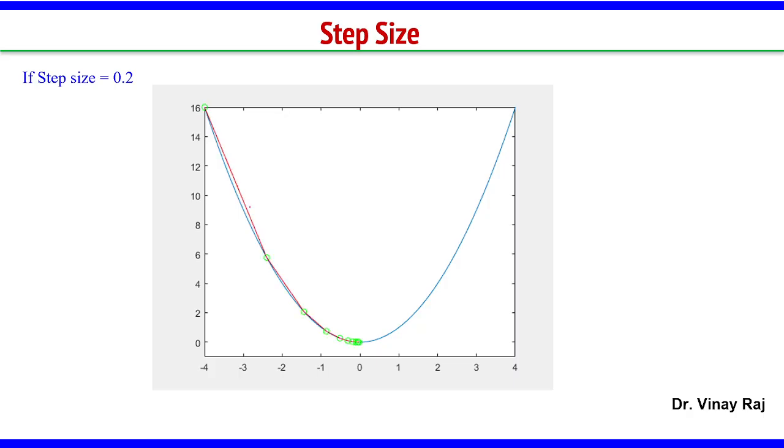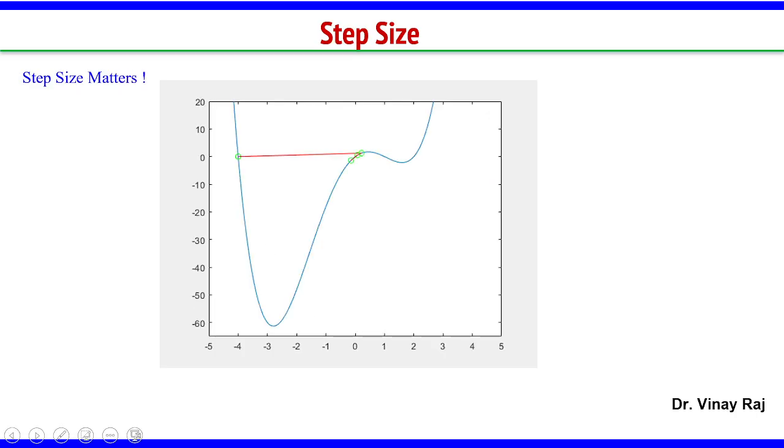If the step size is 0.2, it does it like this, in multiple iterations it converges like this. See, directly from here it is coming to this point, right, here, then from here, then here, then here, it is coming to the actual point, right. So, step size matters.